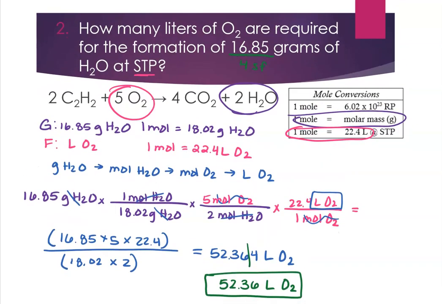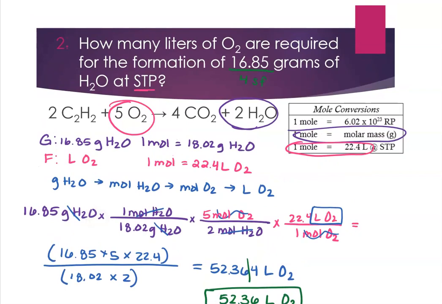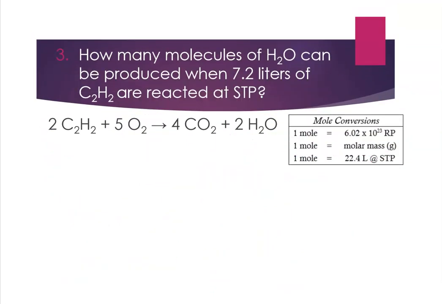All right. So let's do another. So here we are given 7.2 liters of C2H2, and I'm trying to find molecules of H2O. So we can abbreviate molecules as MC. All right.